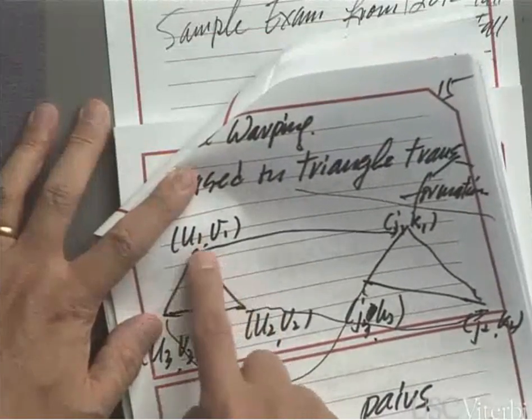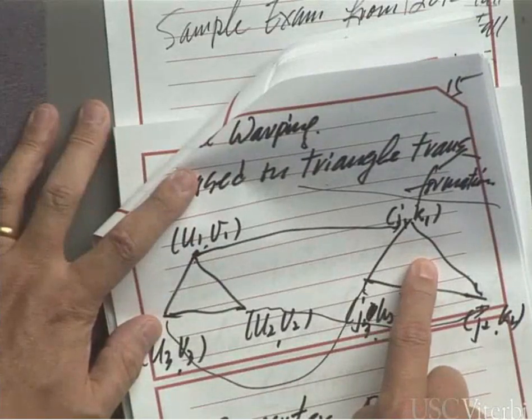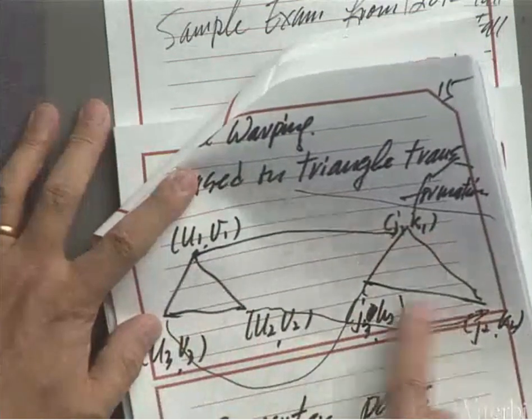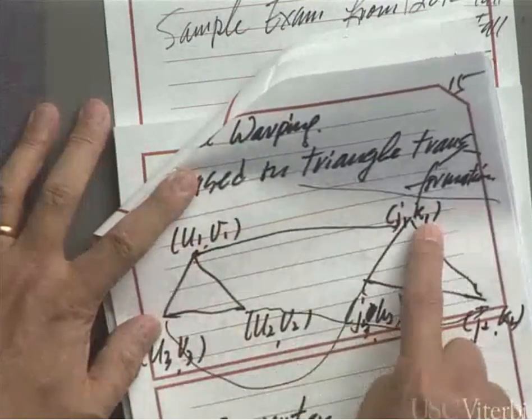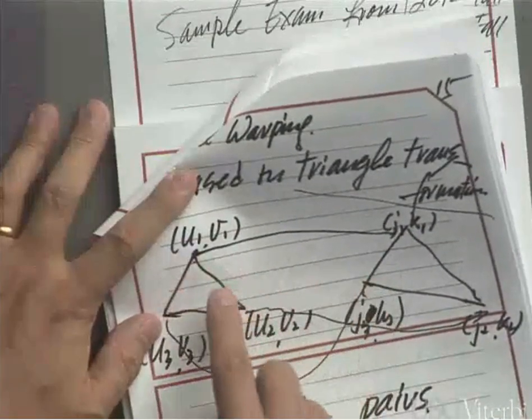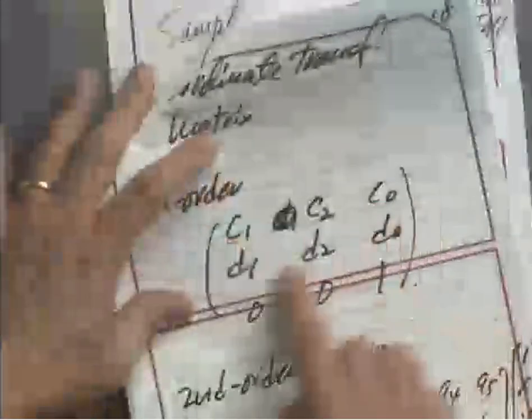So these 3 key points define how this triangle goes to that triangle. You have 3 vertices, each with 2 equations, so in total you have 6 equations, and these 6 equations are sufficient to determine these six parameters.